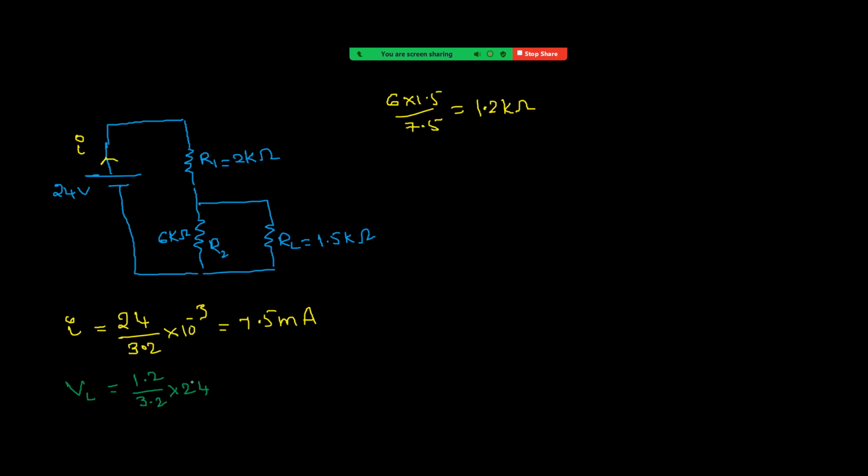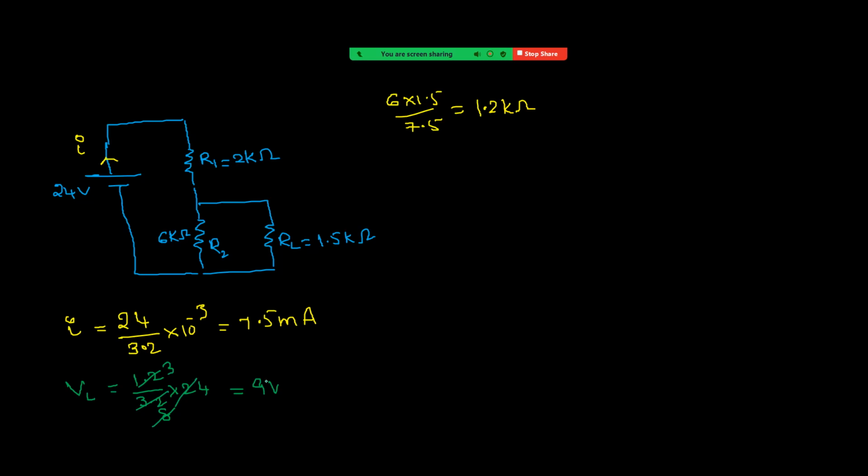That is now the potential difference across the load resistance, which is equal to, see carefully once, 1.2 by 3.2. Four eights at 3 times here, it is 8 times 3 by 8. This is 9 volt. But the option given is 18. So that is not correct.